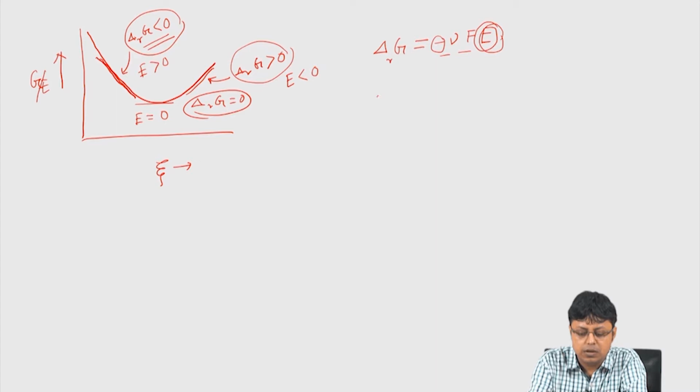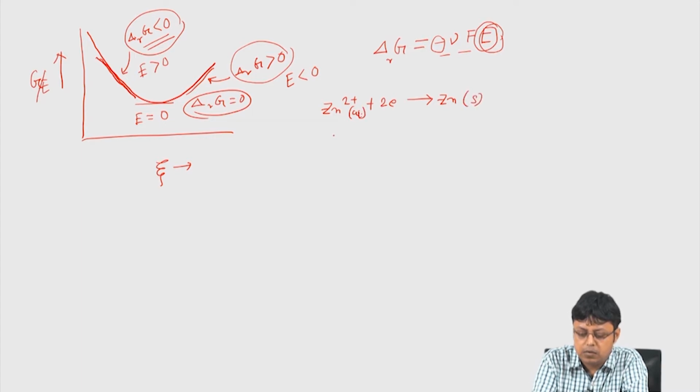Now, suppose we have the same example. I am writing it once again: zinc 2 plus going to zinc, and we will write it very specifically, and then we have copper 2 plus in aqueous solution getting reduced to copper.